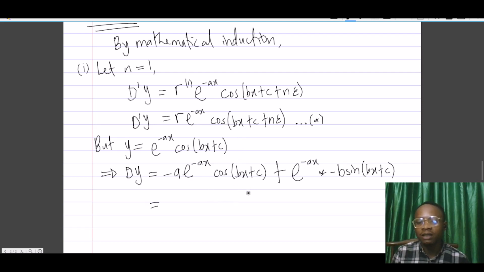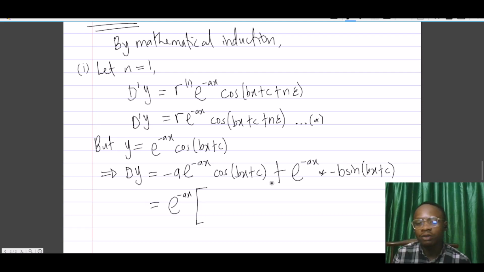So let's try to tidy this up so that it looks like this. Putting this together, we see that e to the power minus ax is common to both of them. So this is going to be e to the power of minus ax, then into, so we are factoring that out of this expression.